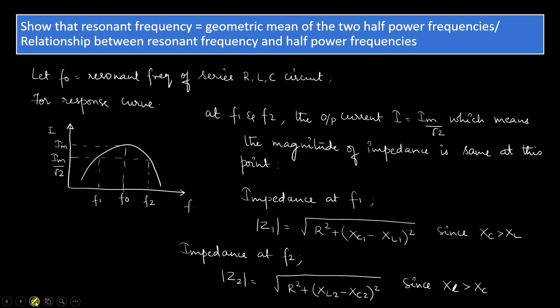So let me show that in the graph. XL greater than XC. This is XC greater than XL. Clear? Done till here?